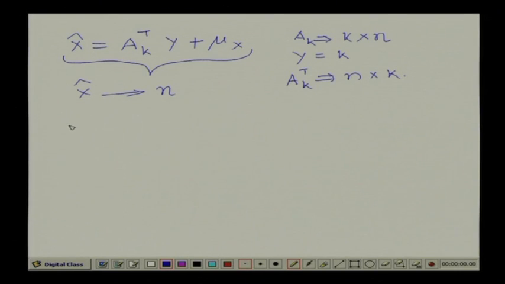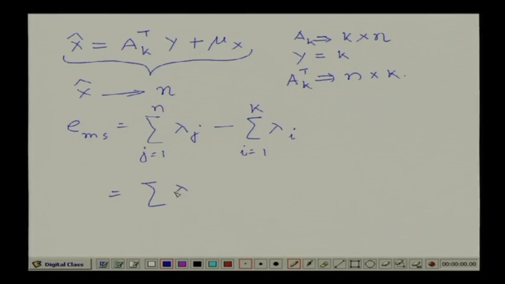And it can be shown that the mean square error between x and x hat is given by the expression E m s equal to sum of lambda j, where j varies from 1 to n, minus sum of lambda i, where i varies from 1 to k, which is nothing but sum of lambda j, where j varies from k plus 1 to n.